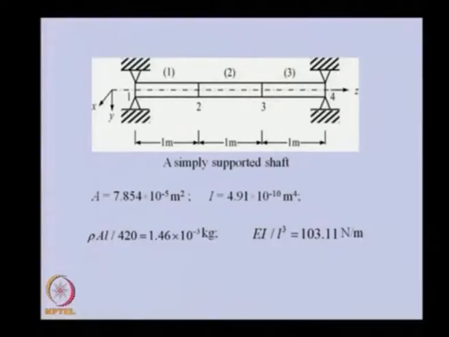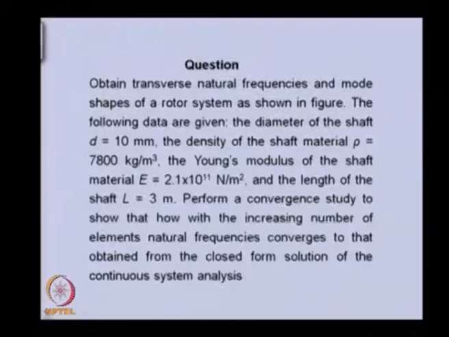For this particular rotor we have all the properties, including the diameter of the shaft, length of the shaft, and the material properties, and basically we need to obtain the natural frequency.